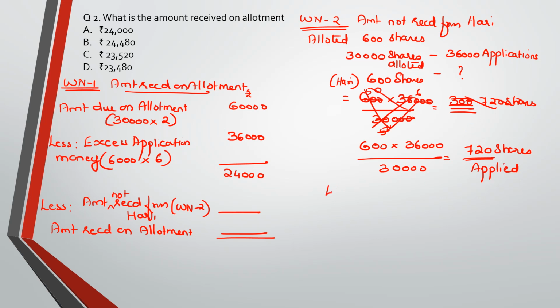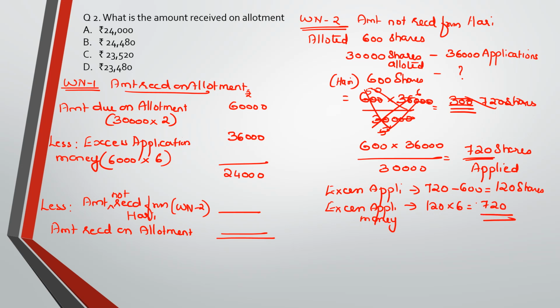Now, we know that the excess applications of Hari were 720 minus 600, 120 shares. And the excess application money would be 120 into the application money of 6. That comes to 720 rupees. Now, the allotment money due on Hari's shares: he was allotted 600 shares and was supposed to pay 2 rupees on allotment.